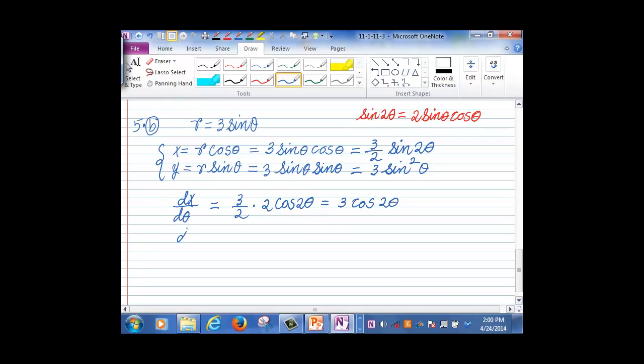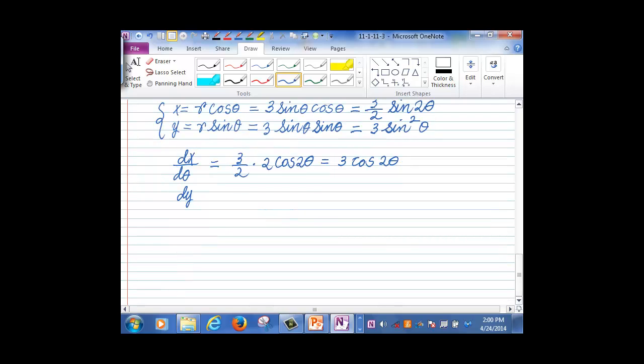And then what is dy d theta? That's going to be 3 times what? This is 3 times sine theta whole squared, right?